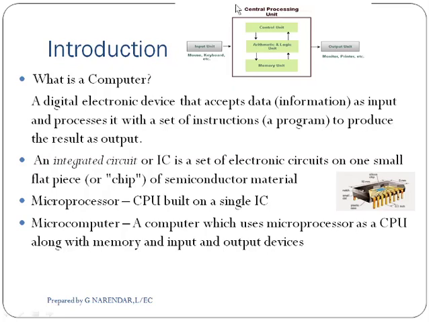You can see the block diagram at the top. This is a block diagram of a normal computer. When you look at a computer, there is a monitor, there is a CPU box, and there is a keyboard and a mouse.